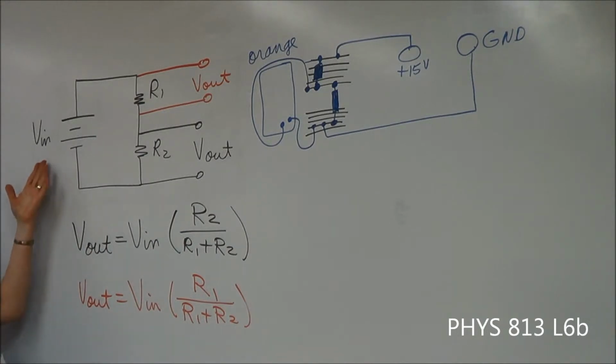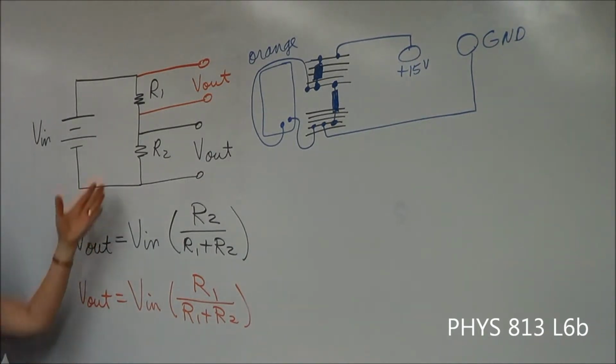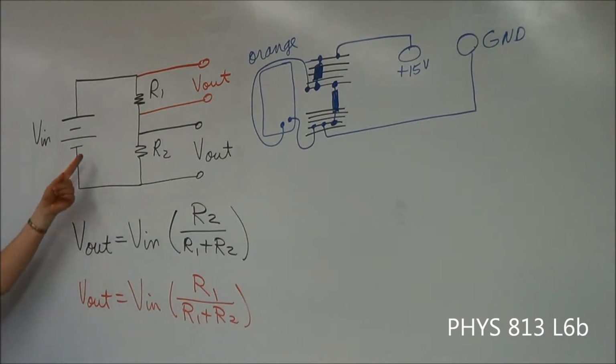So if you've only got a particular voltage available but you need something else, then you can use a voltage divider, assuming you can find the right resistances. Now, you can't just find any old values of resistances. There's a few kind of standard ones. There's a variety of values, but not every resistance is available.